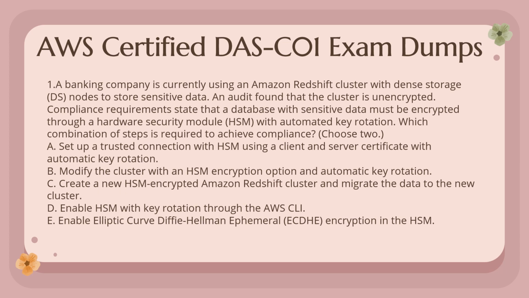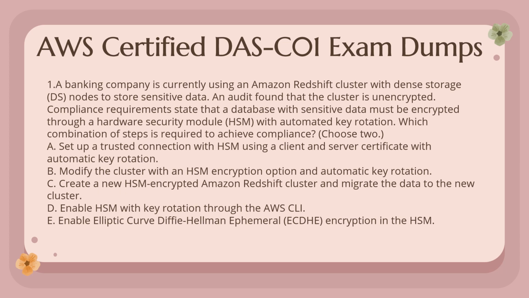Choose 2. A. Set up a trusted connection with HSM using a client and server certificate with automatic key rotation. B. Modify the cluster with an HSM encryption option and automatic key rotation.